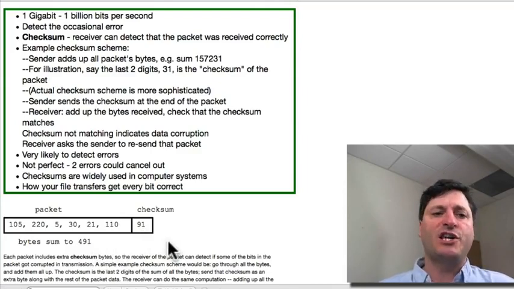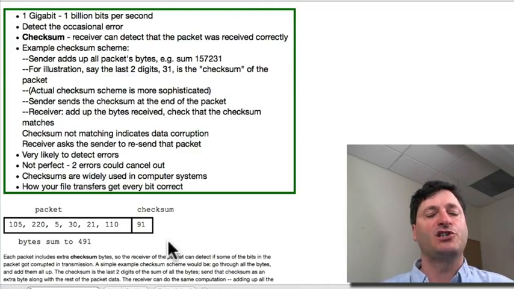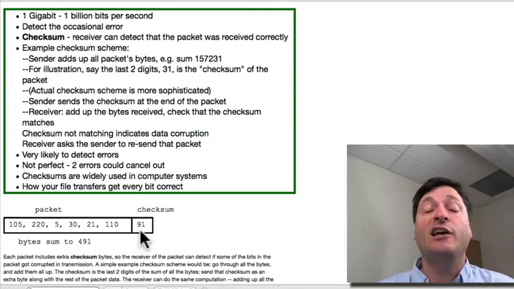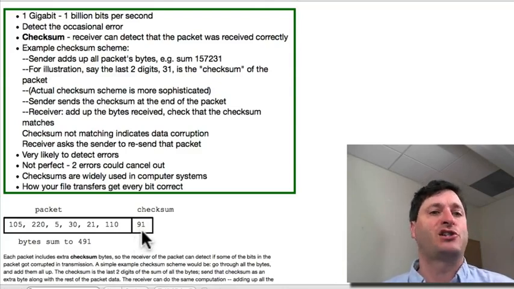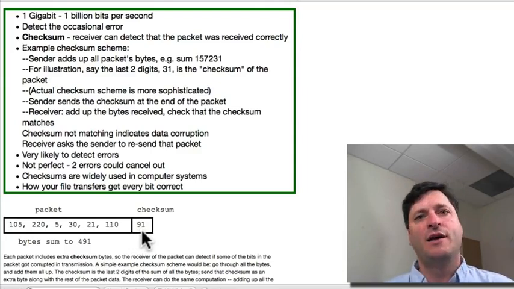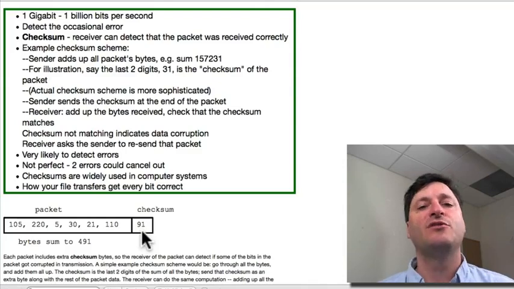The receiver gets the whole packet and can do the same addition. The receiver adds up all the bytes that they got and sees, did they get 91 too? Do the checksums match? If the checksums don't match, that suggests some bit got flipped. There was some error.